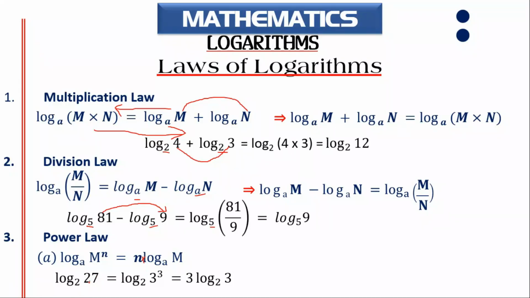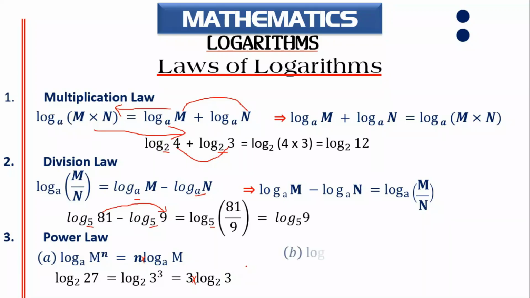Like for instance, in this case, 27 can be written as 3 raised to power 3. According to this law, the n is coming to the back, so 3 can come to the back. This is as good as saying 3 times whatever you have here, which you can write as 3 log 3 to base 2.